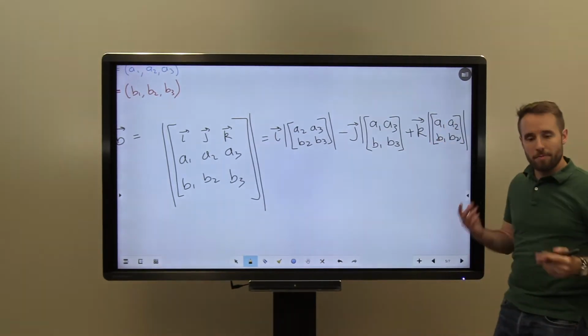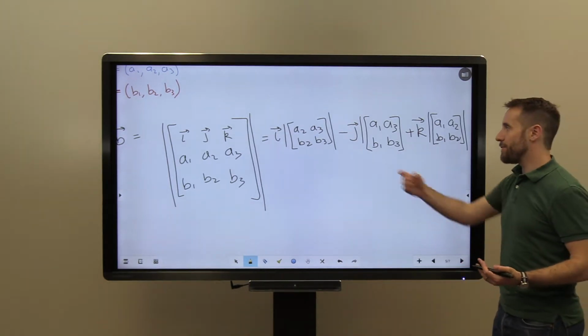Right, so just following our same computational strategy for computing the determinant, we get this.